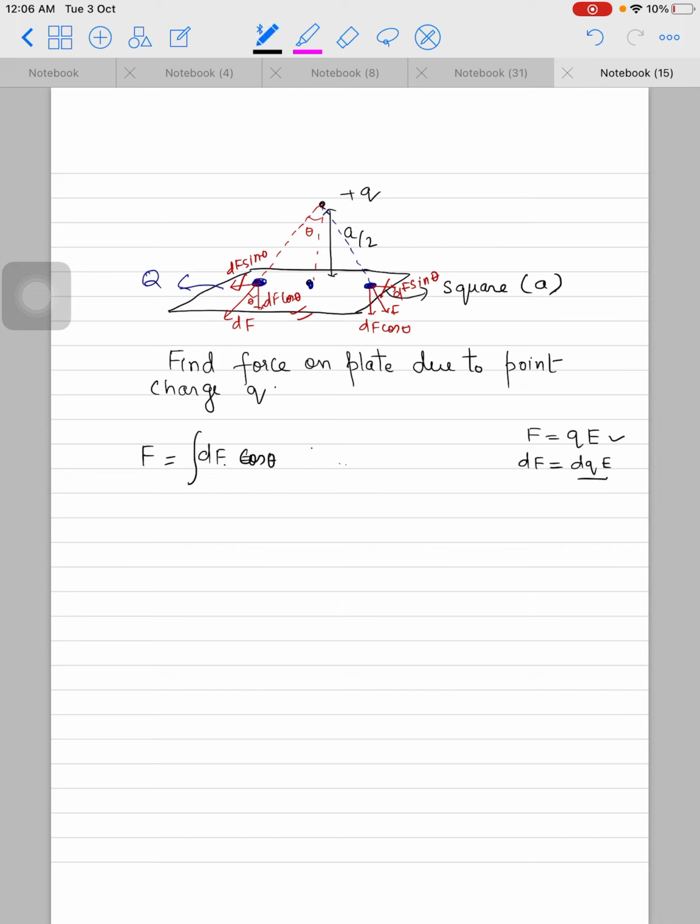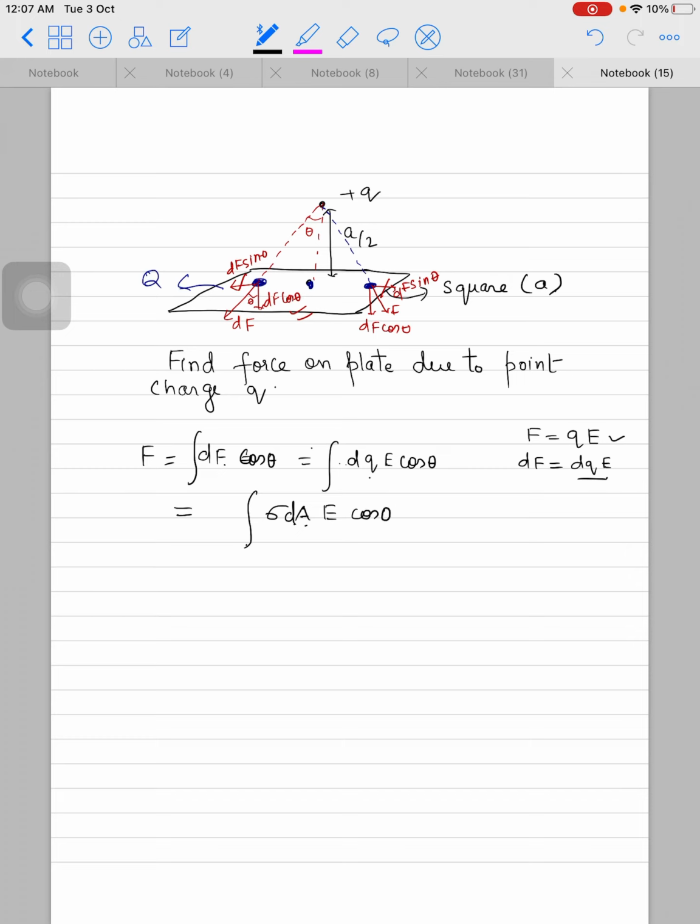And if you further solve this, dF you can write as dq into E cos theta, and this dq we can write as sigma into dA, since the area is small.